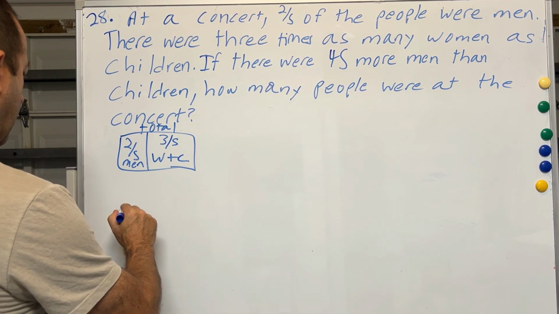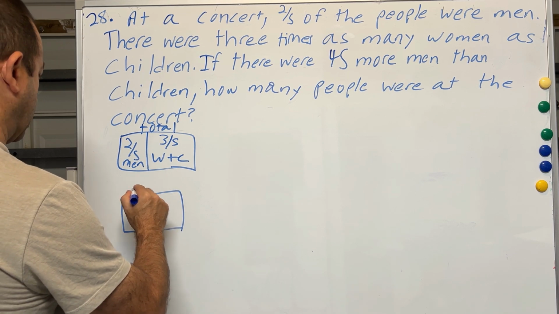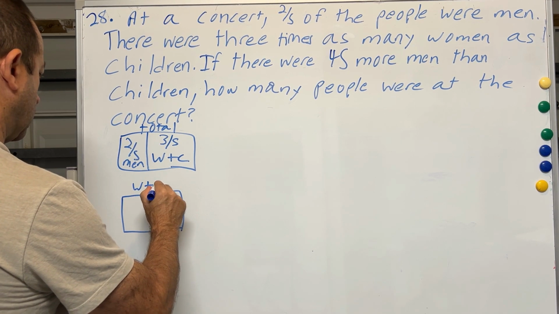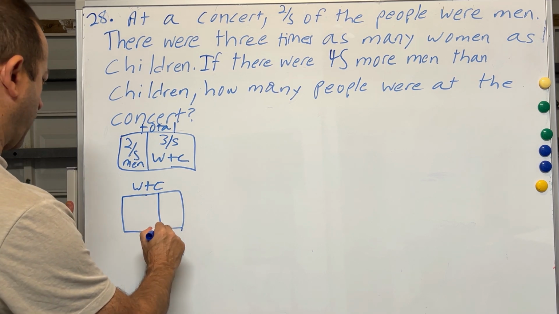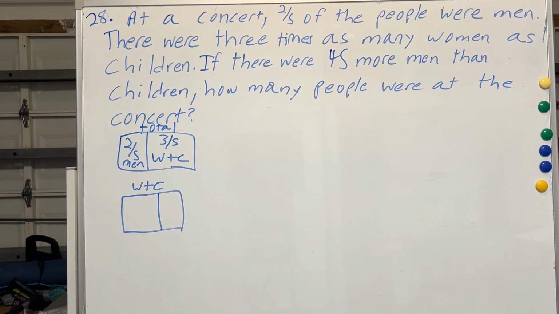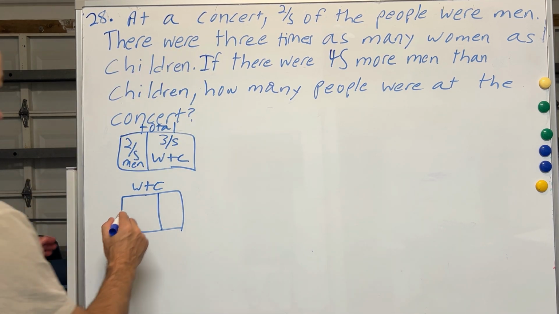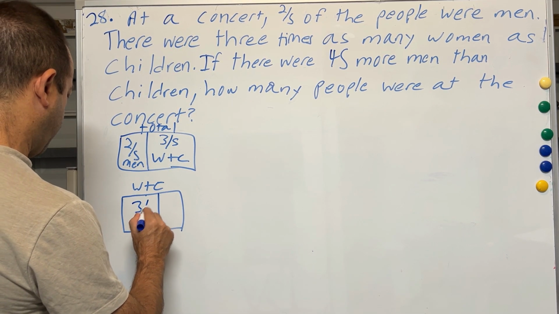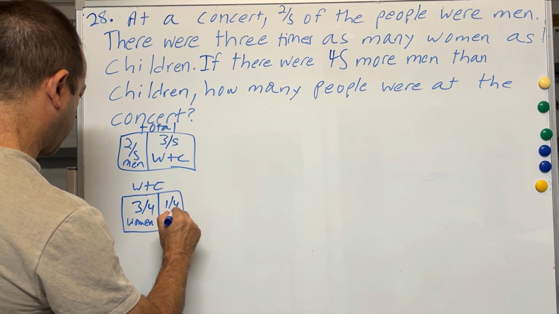Then we're going to bring down this remaining piece, women and children, and we're going to divide that into the women. Now remember, we decided that women are 3 out of 4, 3/4, because of the proportion. 3/4 women, 1/4 children.